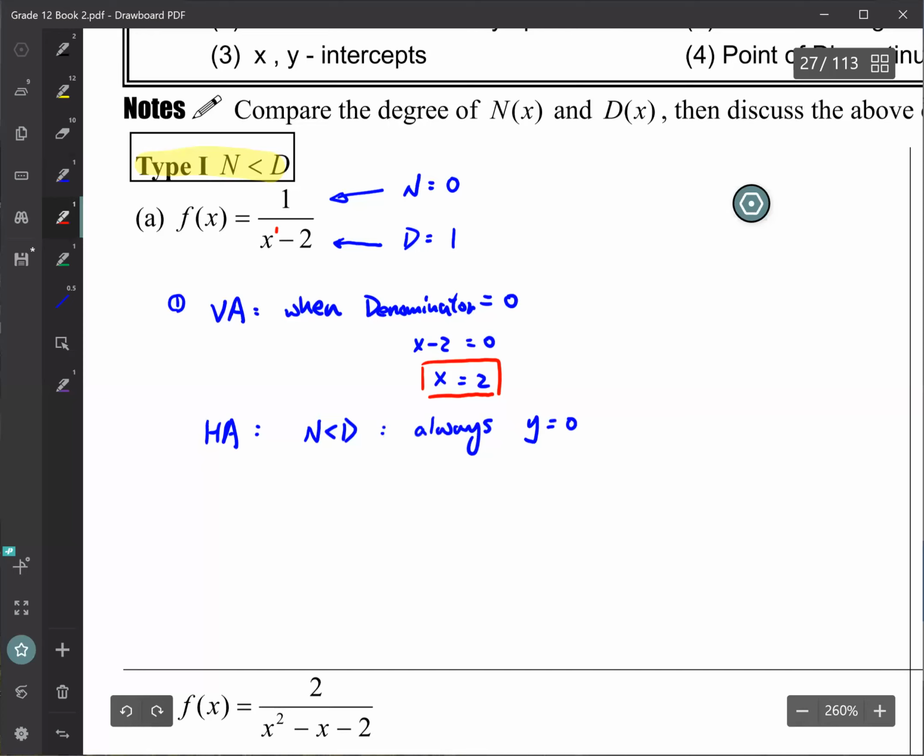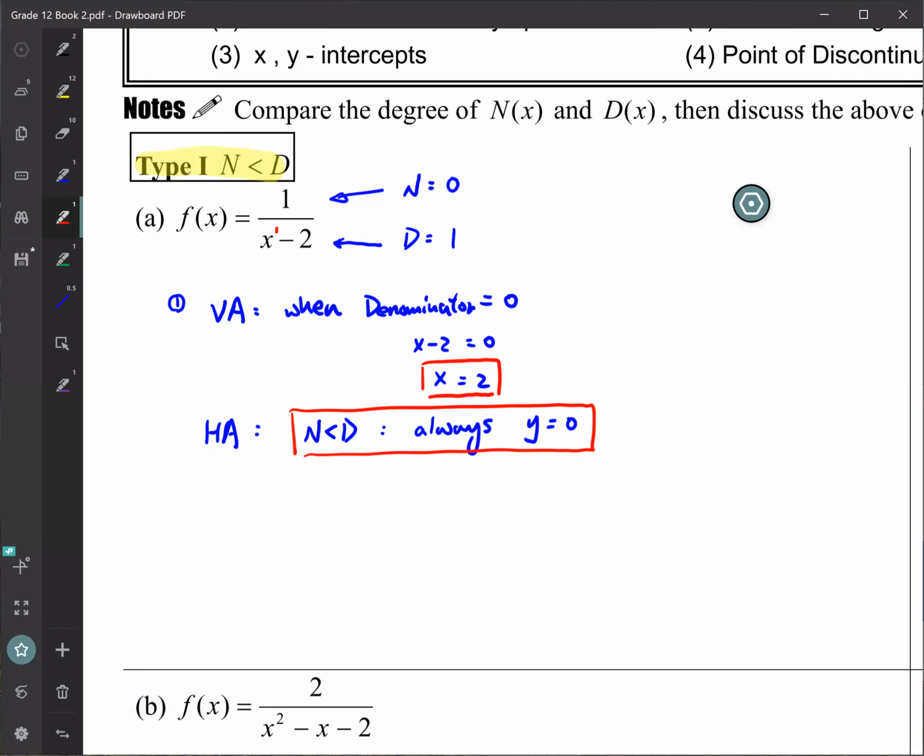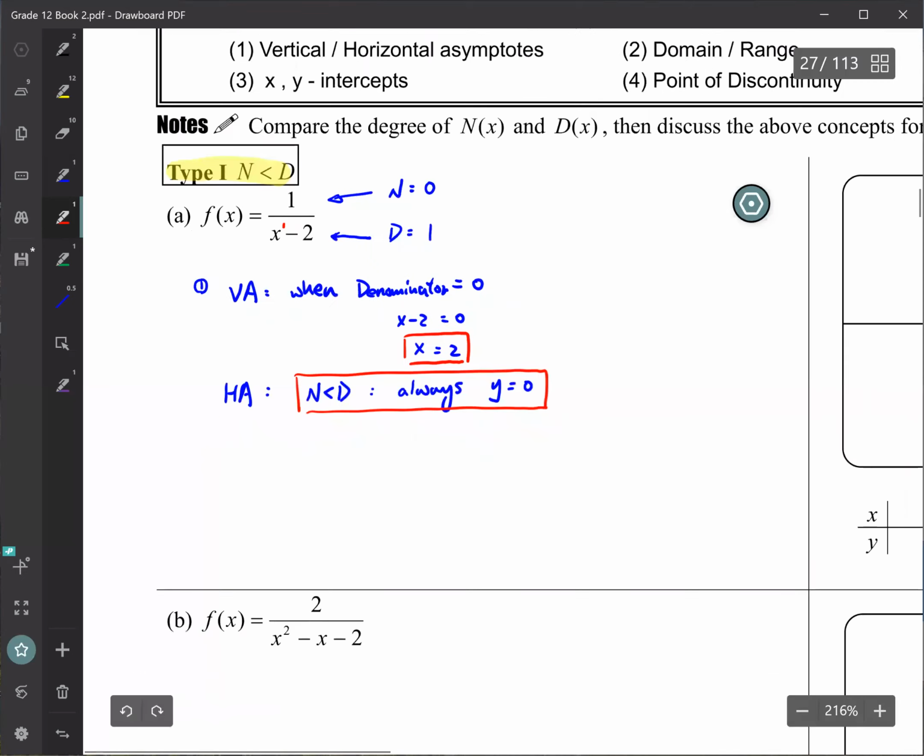You can memorize it as a rule. When n is less than d, it's always y equals 0. Later when we start graphing, I'll explain why this happens.